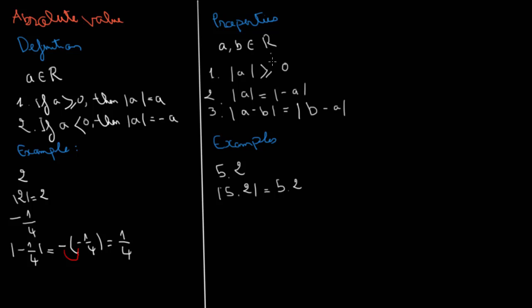The second statement is, let me take a number, minus 10. I'm going to see if the absolute value of minus 10 is equal to the absolute value of its additive inverse, which is 10.